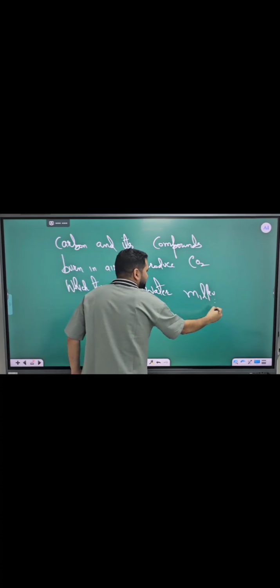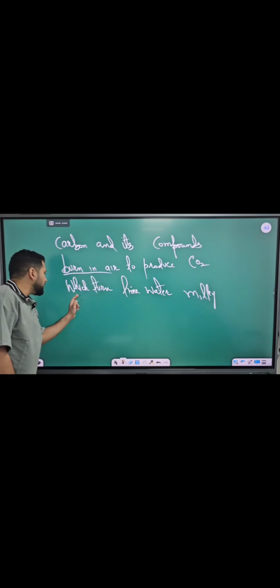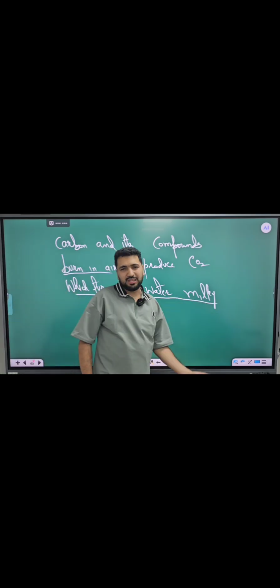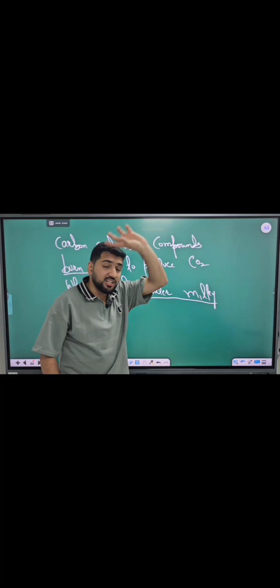I hope this particular point is clear. So carbon and its compounds burn in air to produce CO2, and this CO2 turns lime water milky. A few minutes back I showed you the reaction. So that's one simple test for the presence of carbon.